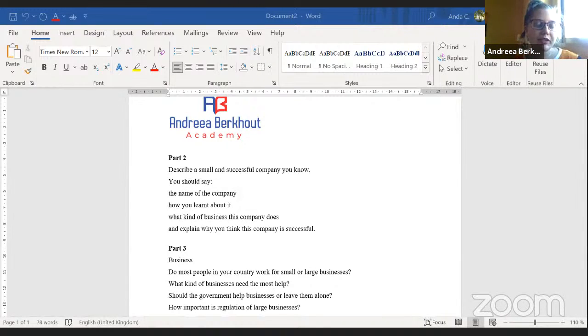So how important is regulation of large businesses? Regulation means law, no? Having laws for large businesses. Oh, well, it's important, the regulation in a large businesses, because the employers can follow the right rules which the company they are putting in place.